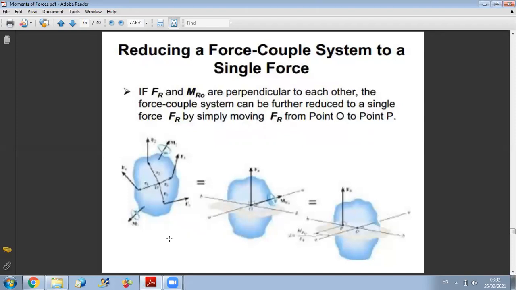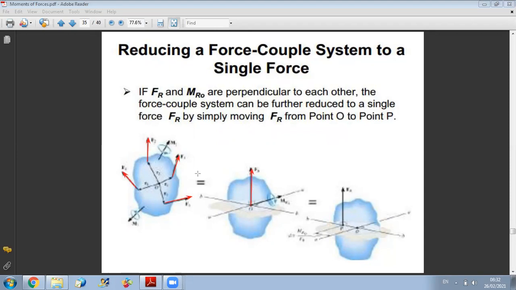So here, for example, you have on the body, let's say, F1. You should add to it F2 plus F3 plus F4. In this way, you get the resultant force. Okay, so let's say this is the resultant force.